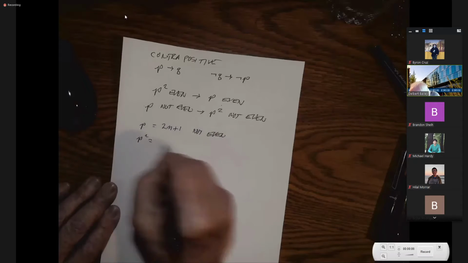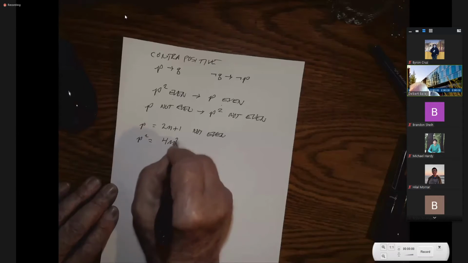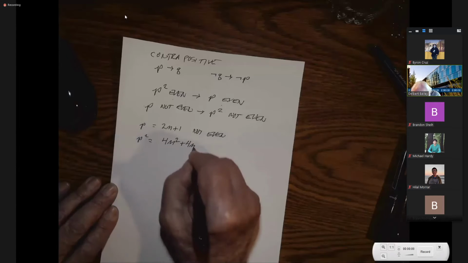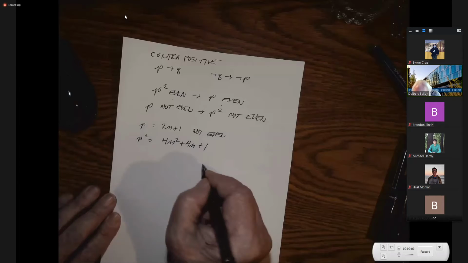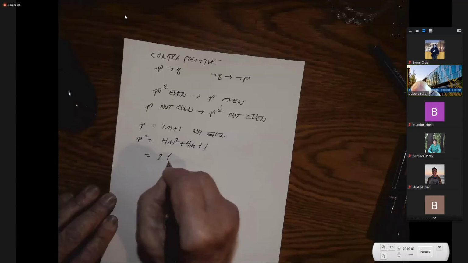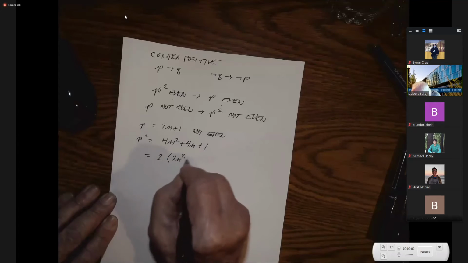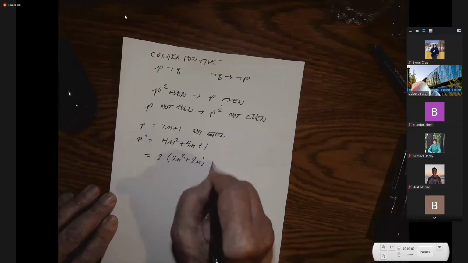Then p squared is going to be 4n squared plus 4n plus 1, which is 2 times (2n squared plus 2n) plus 1.